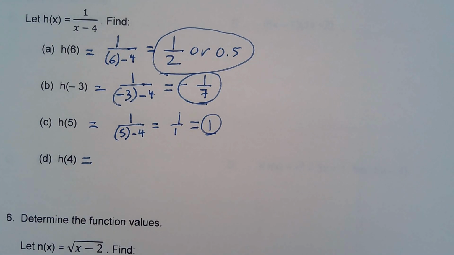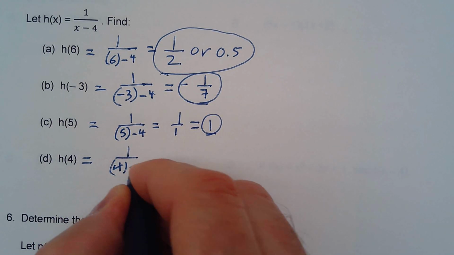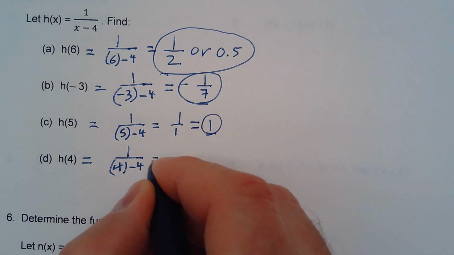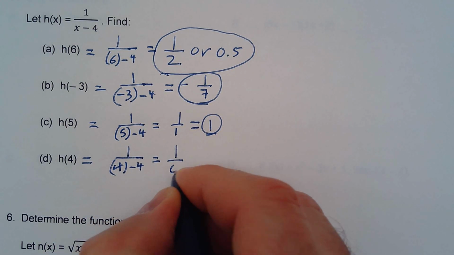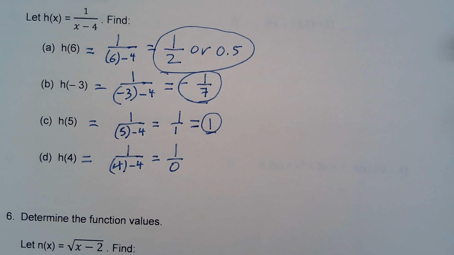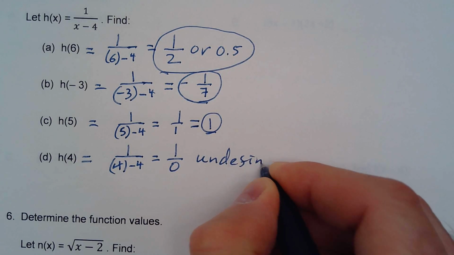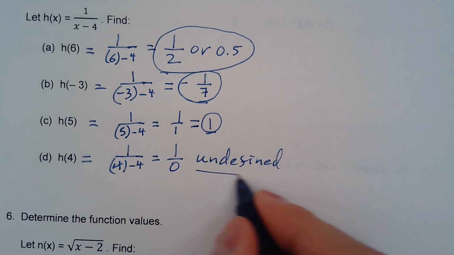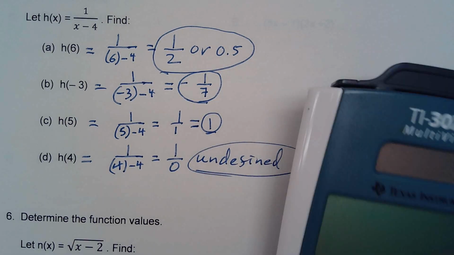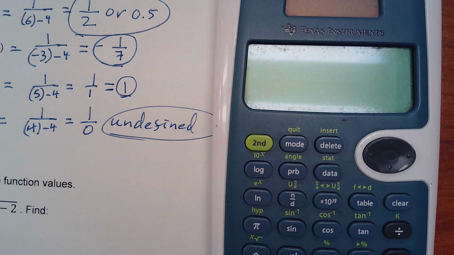Now let's plug in 4. That gives us 1 over 0. And remember, division by 0 is undefined. In fact, if you try to do that in your calculator, it's going to stick out its tongue at you.